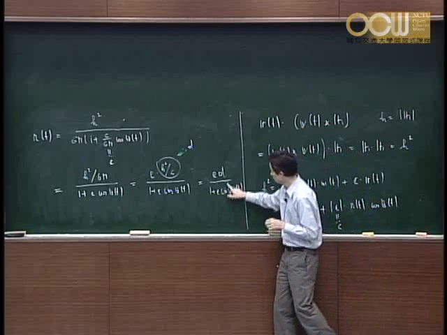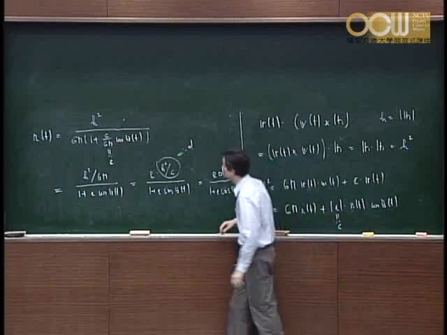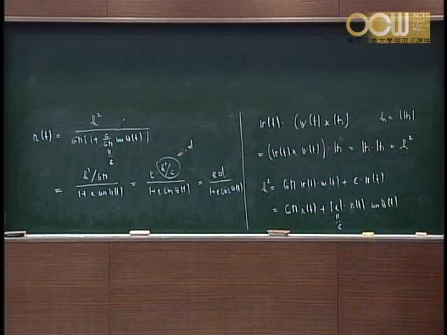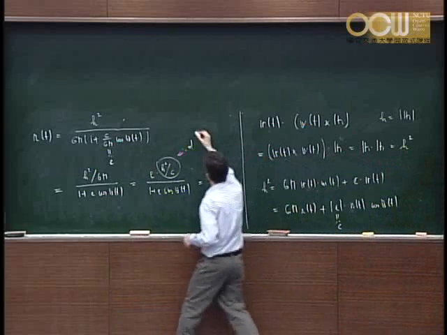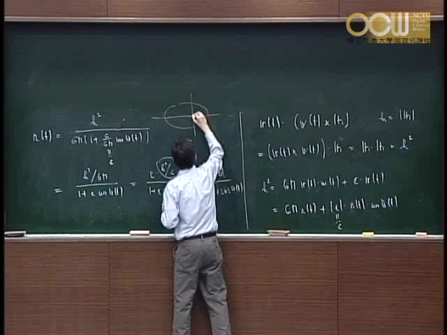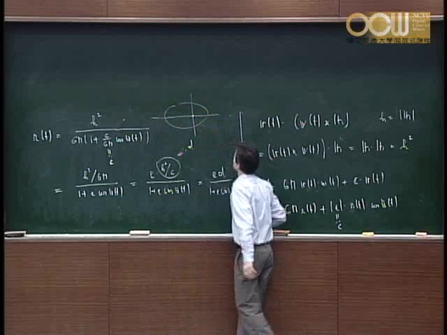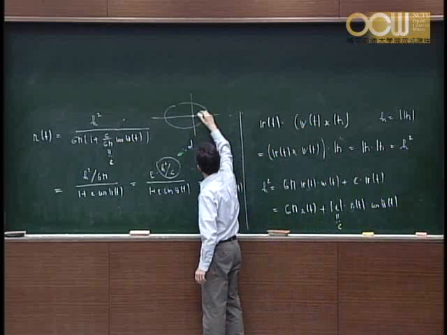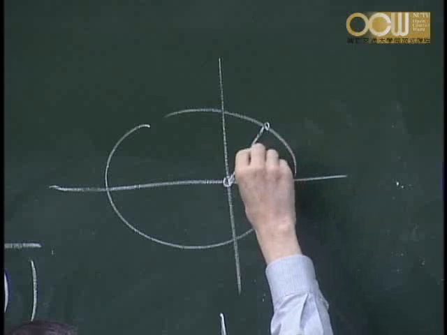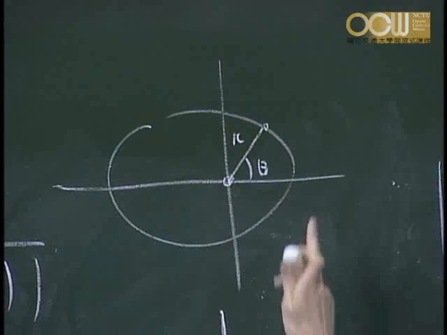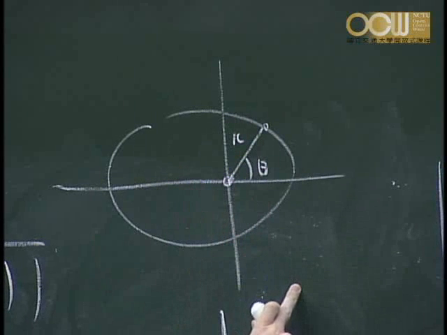So you place the origin of the coordinate system into the focus, and you use polar coordinates for a point. Here you have the theta, and here you have the r. If you parameterize an ellipse like this, then the equation which you get is this one.